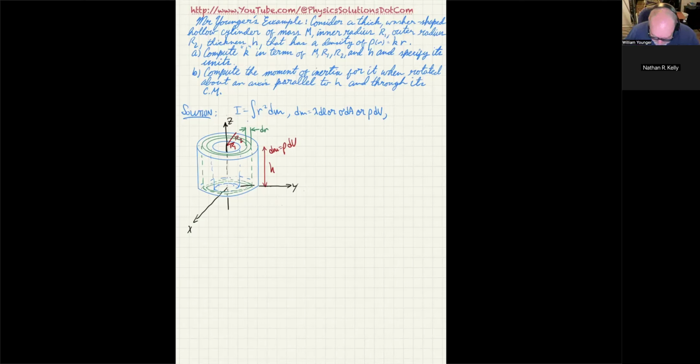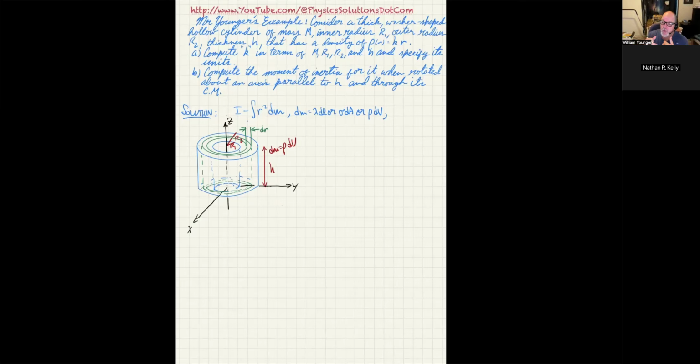Now, when we go to tackle an integral like I equals integral of r squared dm, the main thing is the integrand, in this case the r squared and the dm to some extent. The value r can't vary by more than an infinitesimal amount from one edge of the dm to the other, because if it did, you would have to figure out some way of computing the average r for that dm.